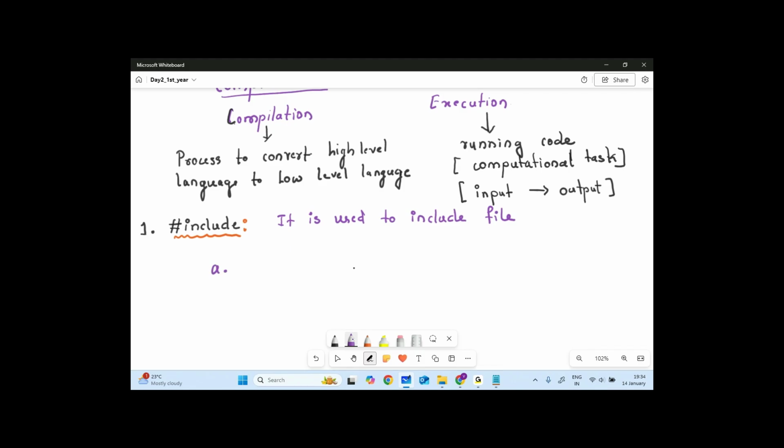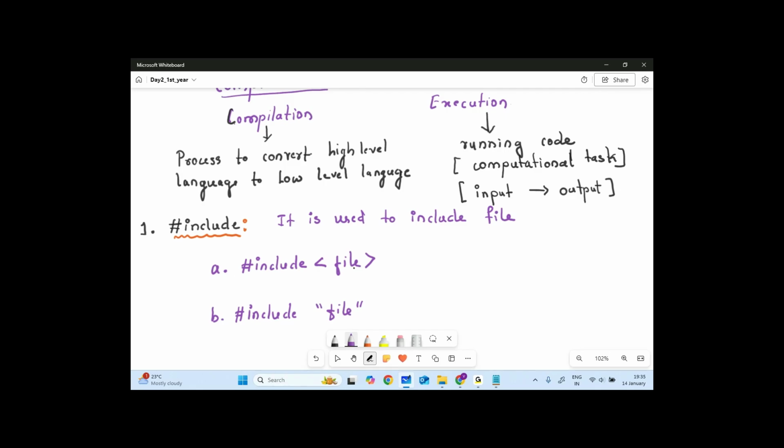You can write this hash include in two ways. The first syntax is angular bracket, and the second one is hash include with double quote. These are the two ways of writing hash include.